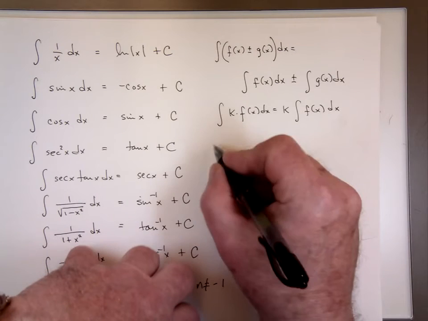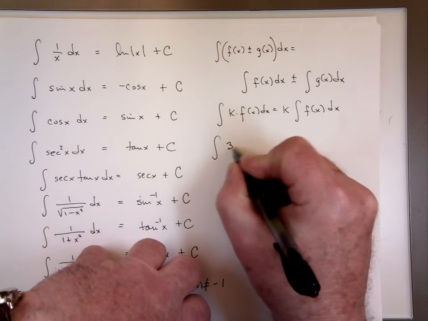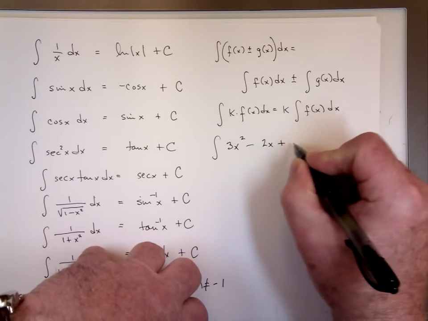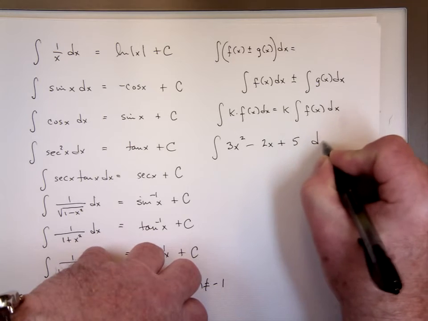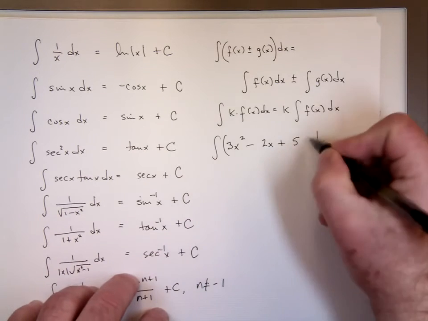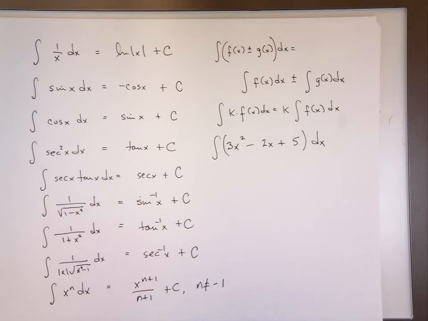Find the integral of 3x squared minus 2x plus 5 dx. Go ahead. You guys do it. Okay. x cubed minus x squared plus 5x. Plus C, yeah. Good.